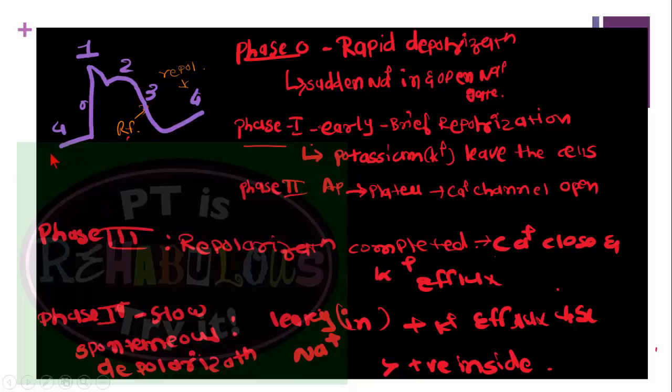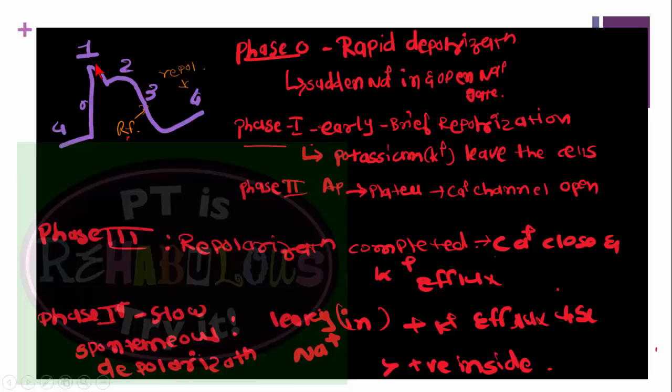Let's see the cardiac muscle action potential. There are phases 0, 1, 2, 3 and 4. In phase 0, rapid depolarization occurs: sodium suddenly comes inside through the opened sodium gated channels.